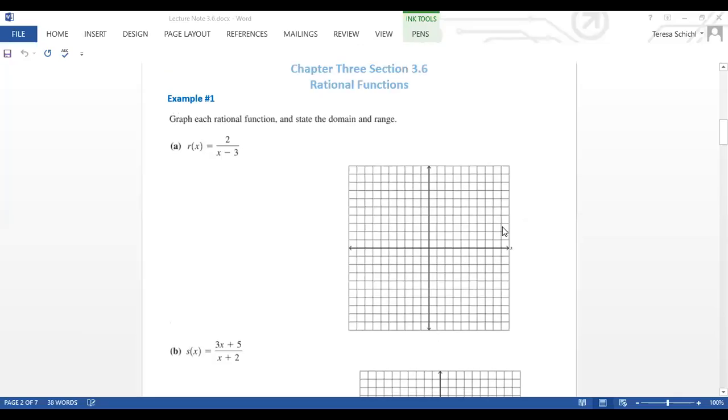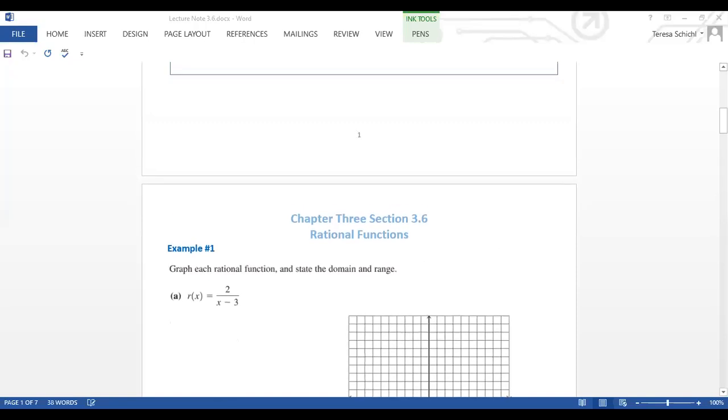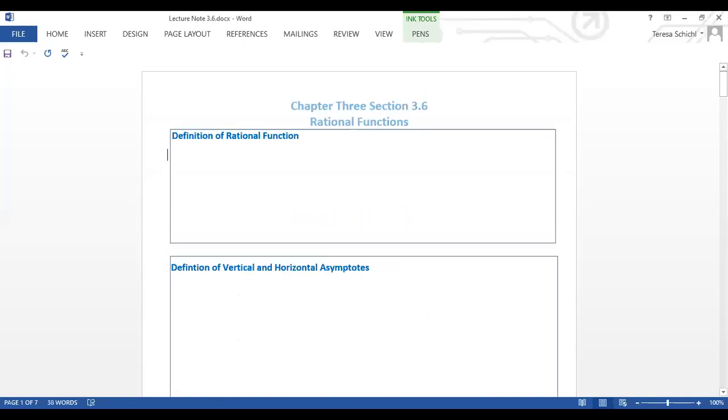Okay, let's go to the worksheets here. So this is our lecture note. The first thing is, what are rational functions?